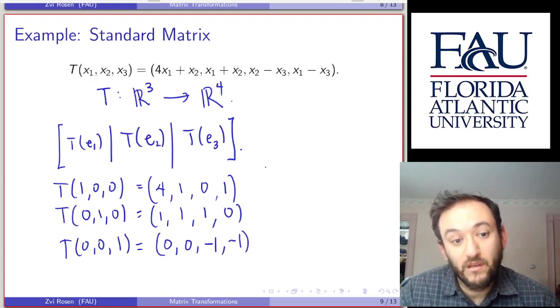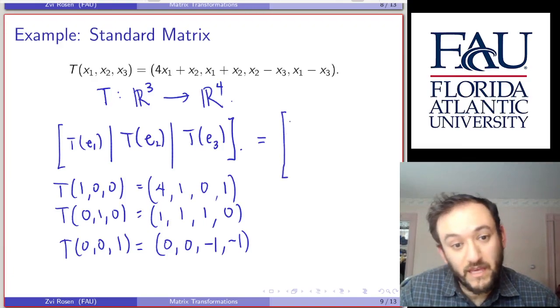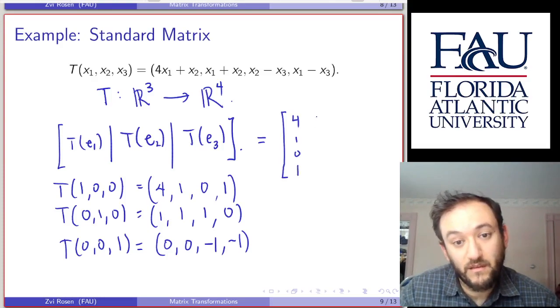And so the result is that the matrix we're looking for is 4, 1, 0, 1, 1, 1, 1, 0, and 0, 0, minus 1, minus 1.